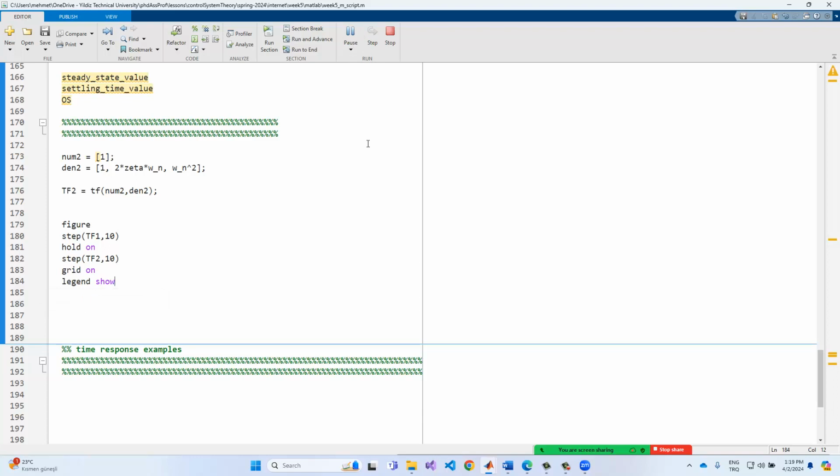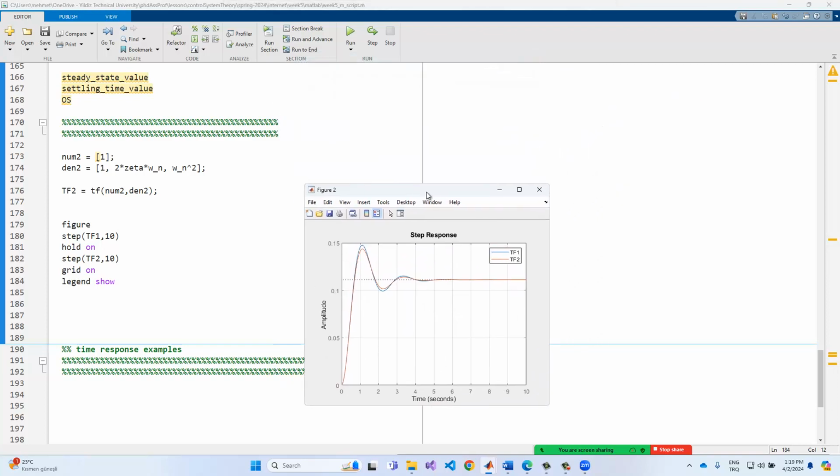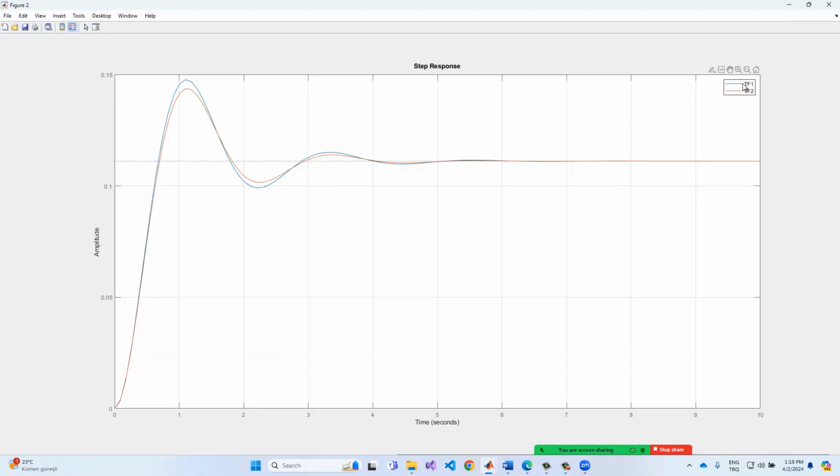If I run this code, tf1 is the real one, but tf2 is our estimated result coming from this data. We can utilize this estimated form of the second order system in order to converge to the real-time results.